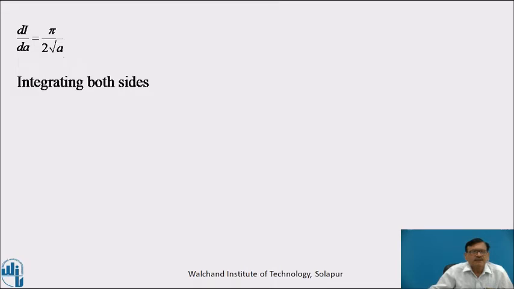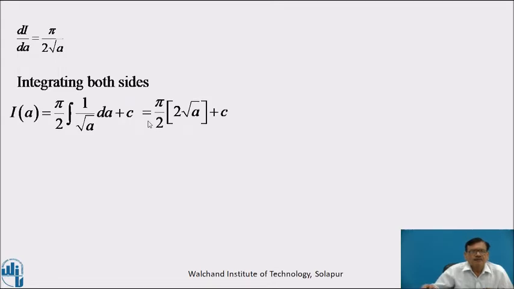Integrating both sides, we get I(a) equal to pi by 2 integration of 1 by root a da plus c, which is equal to pi by 2 as it is, and the integration of 1 by root a is 2 root a, plus c. Therefore, I(a) equal to pi root a plus c, as the 2 gets cancelled.